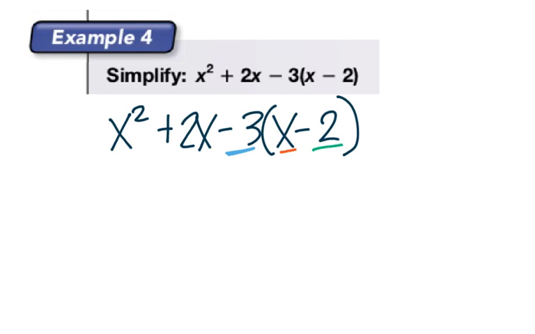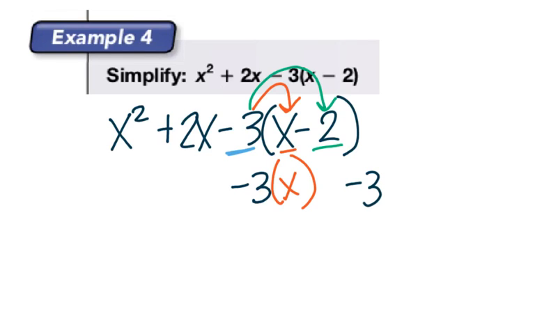So I'm going to distribute my negative 3 to my x and my negative 3 to my negative 2. So this becomes a negative 3x, and this would become a positive 6.